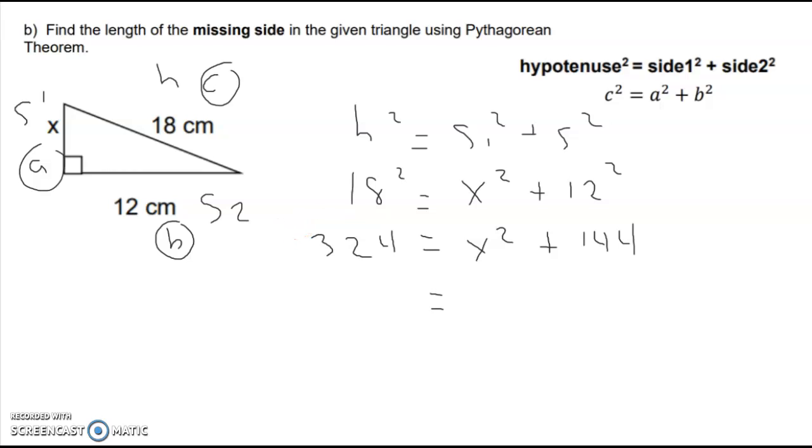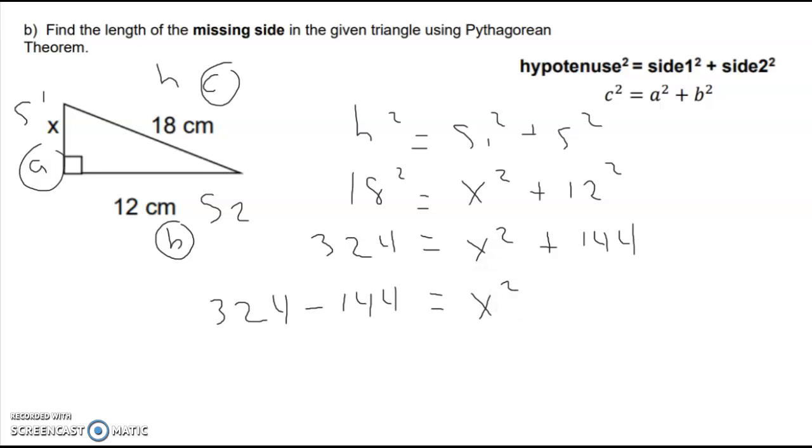When you bring a number like this over, you have to do the opposite function. Because it's adding 144, now we're going to have to subtract 144 over here. So let's write that down. We have 324 subtract 144, and then we have our equal sign, and all that's left over is our little x squared.